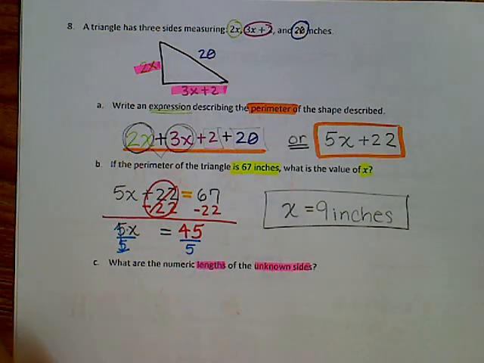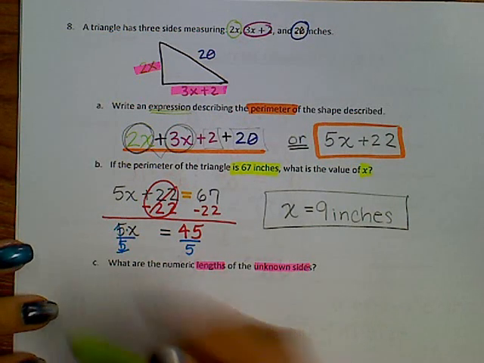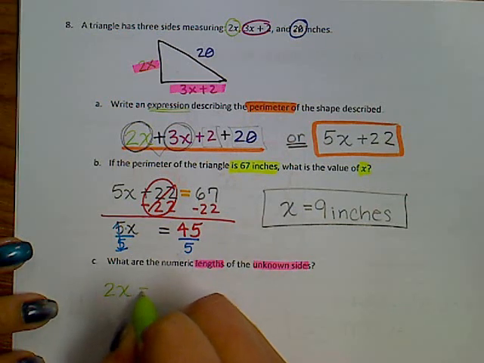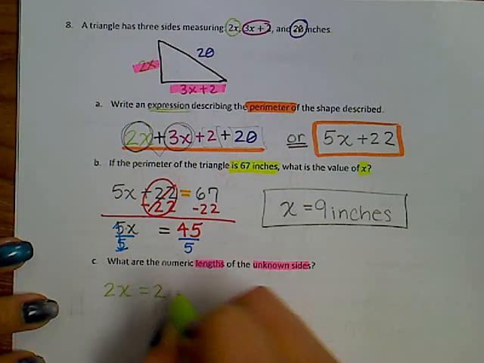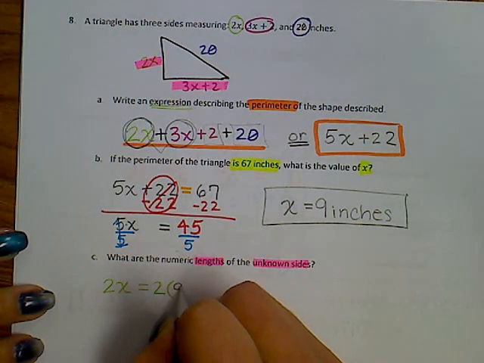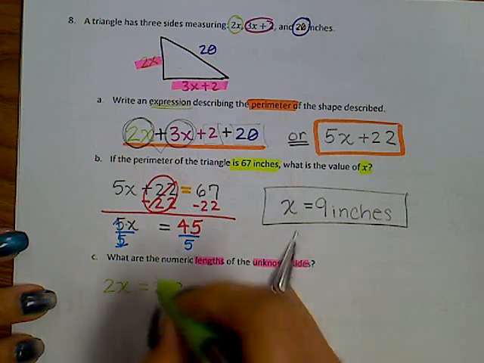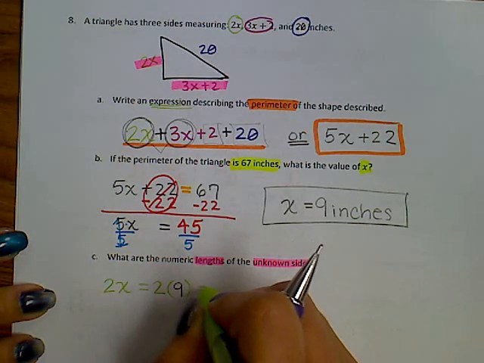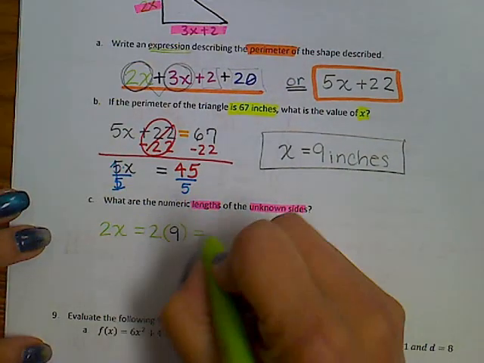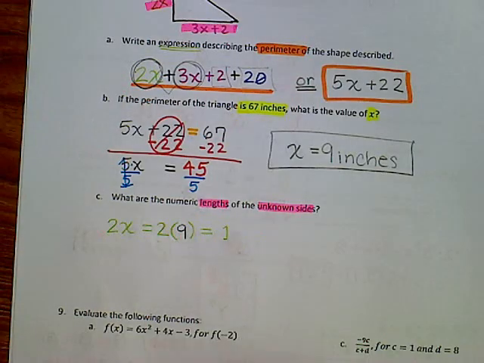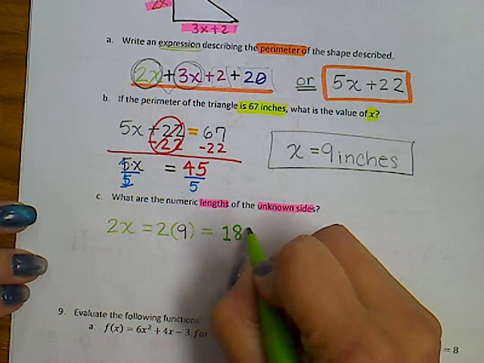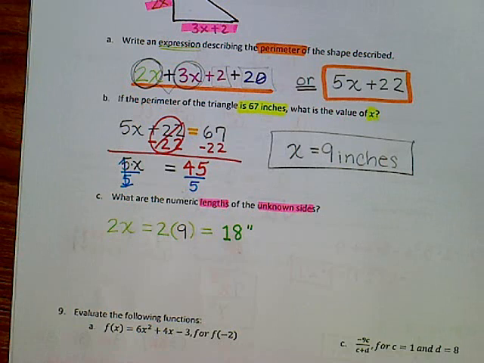So that means 2x would be equal to 2 times 9. So my first length would be equal to, let me put it where I can see it a little bit more, 18 and then inches because I'm lazy.